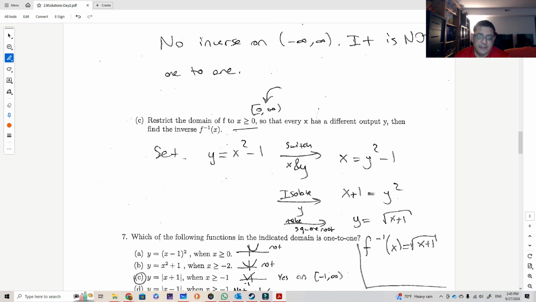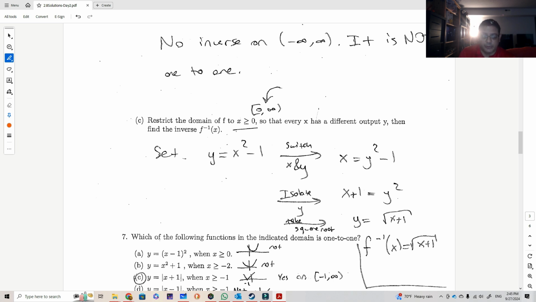Now, if we restrict to 0 to infinity, can we find an inverse? And in this case, we actually can. We do the same that we always do. We set up y equals x squared minus 1, switch x and y: x equals y squared minus 1. Now we're going to isolate for y. That means y squared is x plus 1.